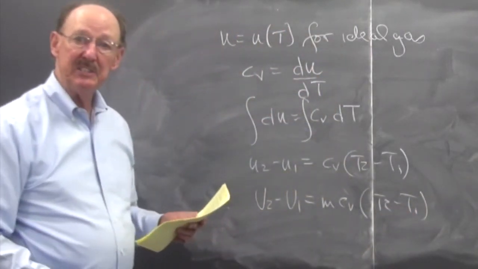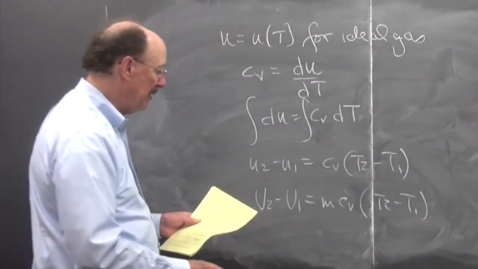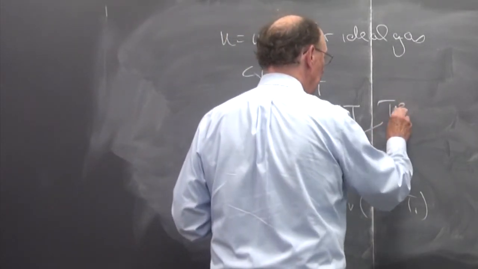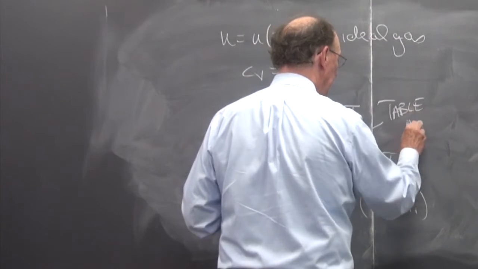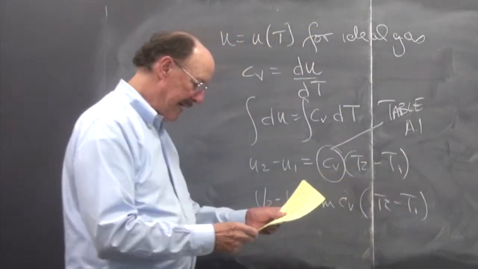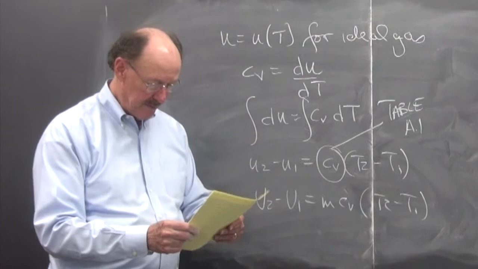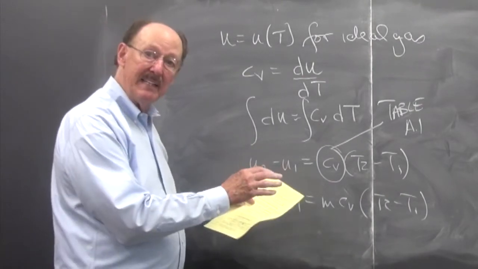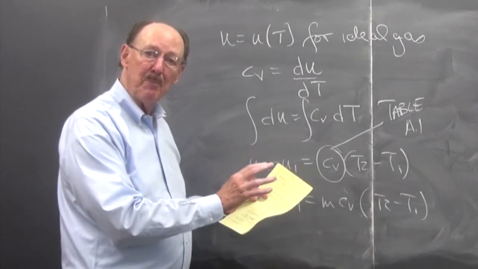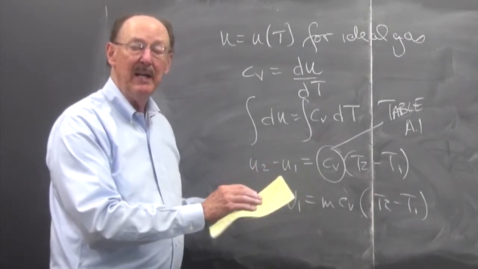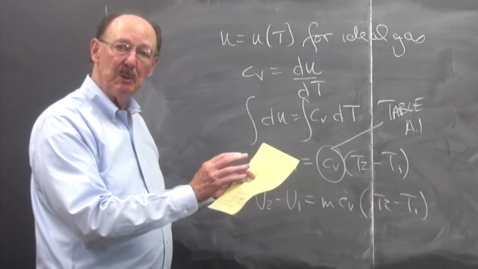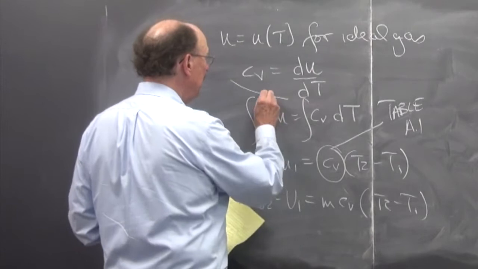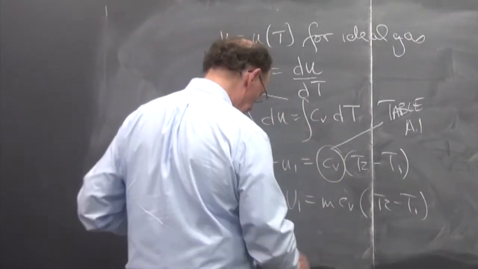And where do you find C sub v? In that magical table A1. So I can look that up in table A1. And because it's a property, it's true for all processes, and we'll go through that again, but this is a property. I have this expression for internal energy right here.